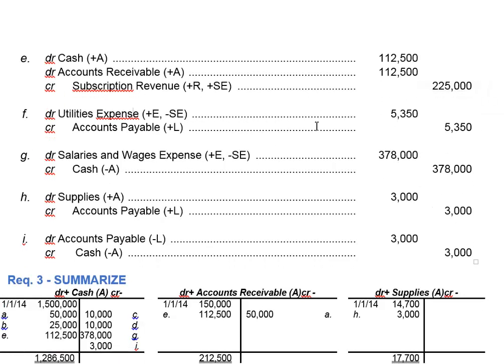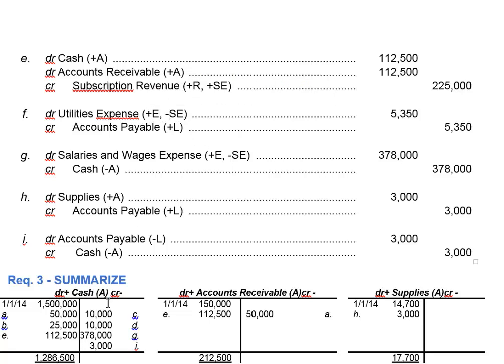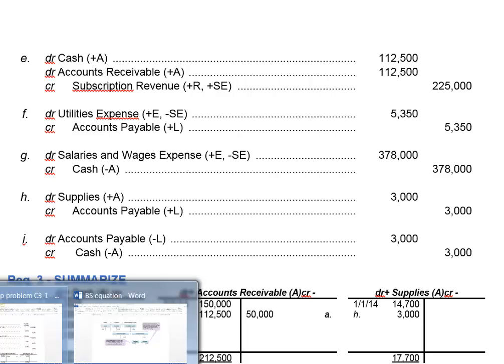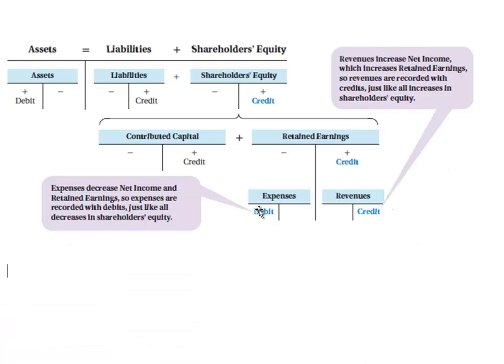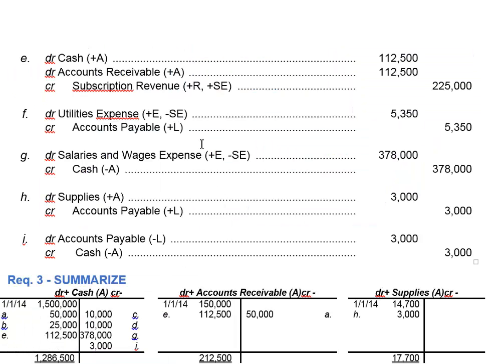We incurred utilities during the month of January, and we were going to pay them in February. So when our expenses are going up for January, it decreases our shareholders' equity. And we said that when expenses go up, we debit. So therefore, we debit our expenses and credit our obligation or liability to pay later.